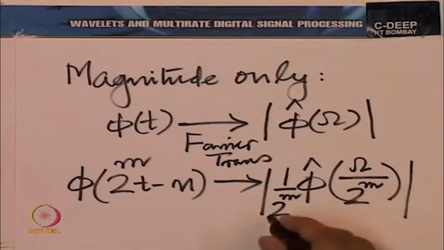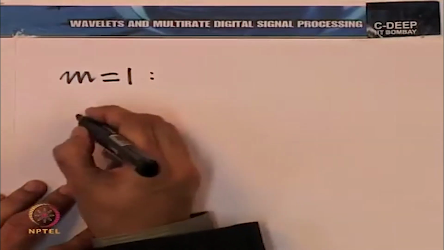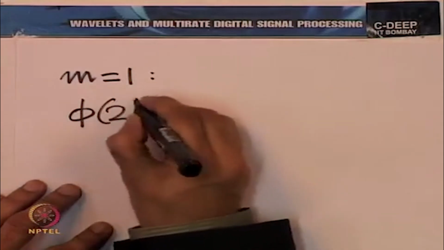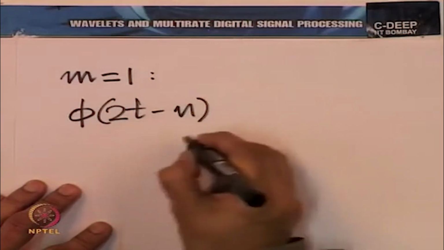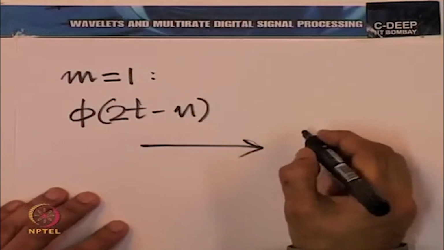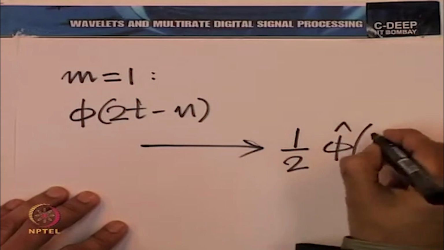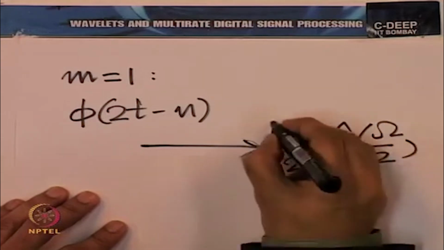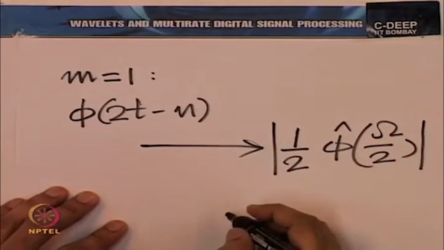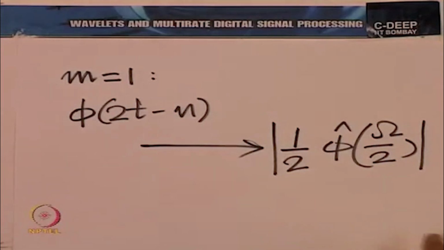The same 2 raised to the power of m, but in the denominator here. So, of course, let us take an example. Suppose m is equal to 1 and minus 1 to fix our ideas. And m equal to minus 1.